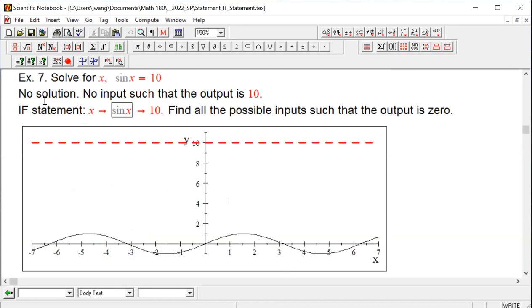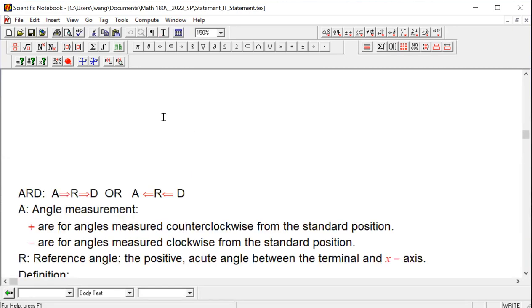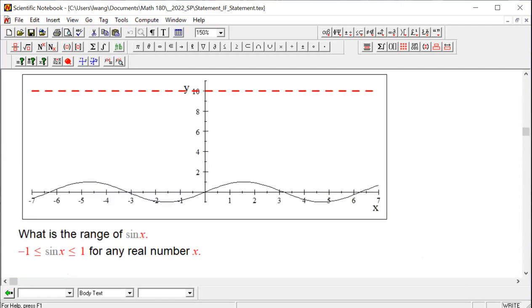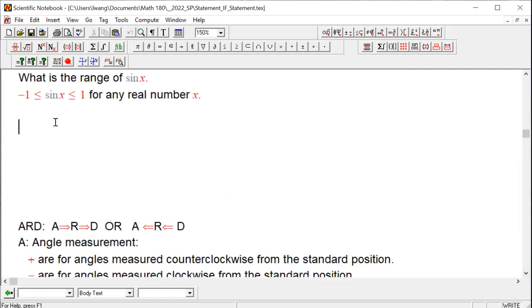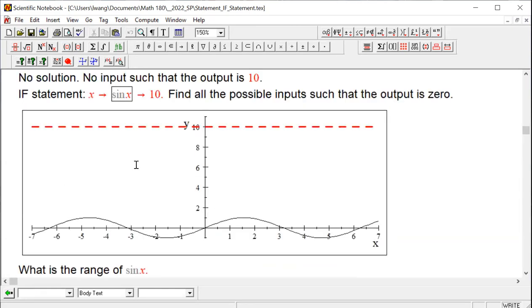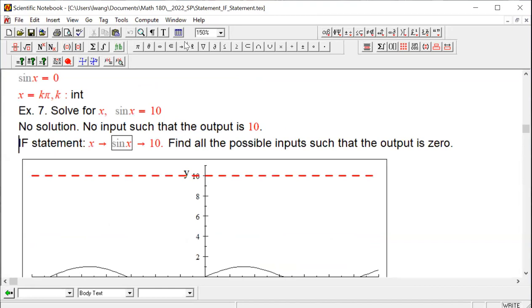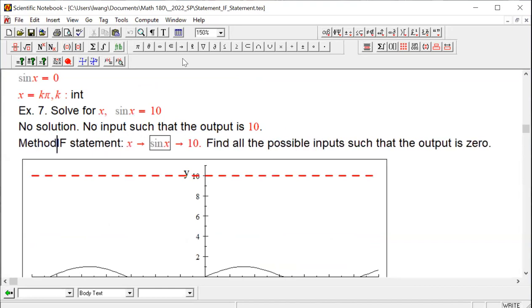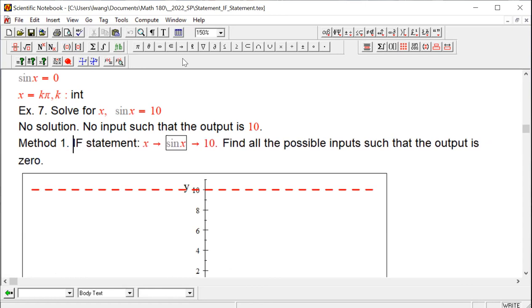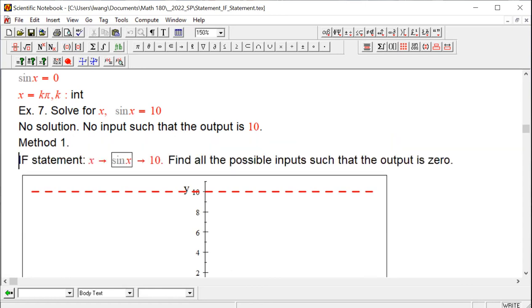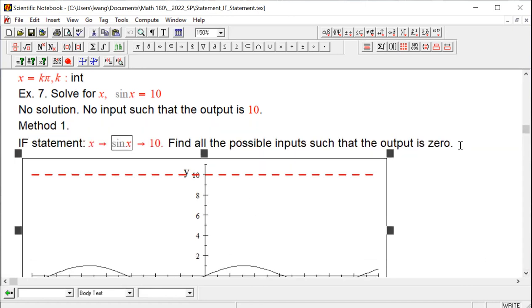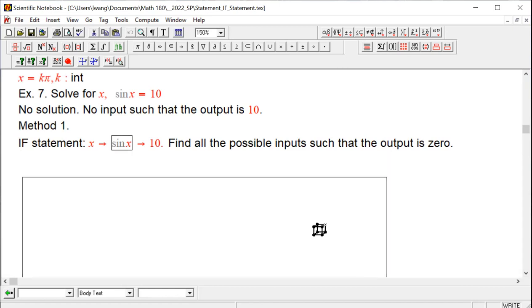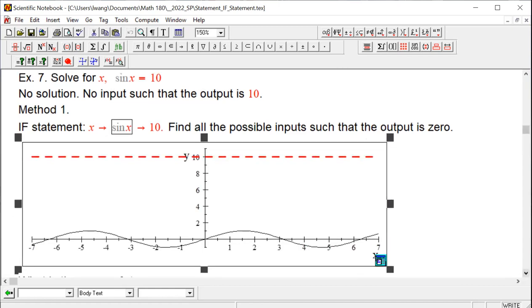Okay, so let me give you another version of saying there's no solution. So method 2. Of course, this will refer to that one as method 1. You use a graph, you have a visual to see this, right?